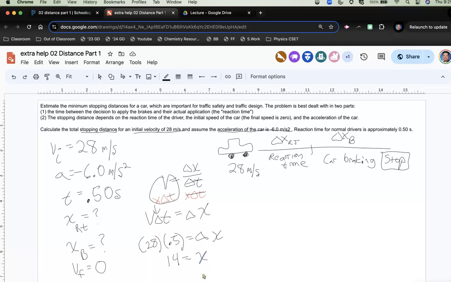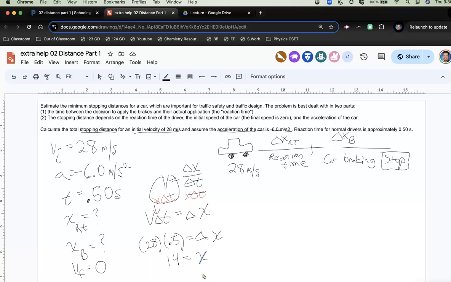I'm going to ask Carlos, which X did we just find? Do you think we found XRT or XV? What do you think is a good guess here? Why? We use initial velocity and time.